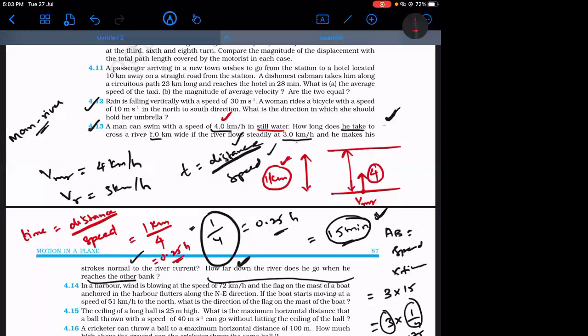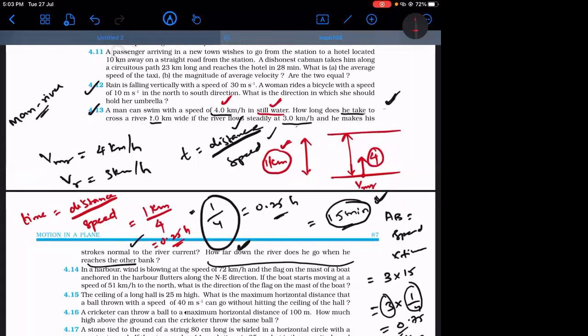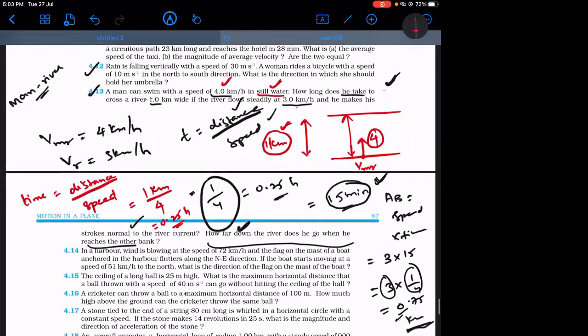Sir, but they've never said the water is still, sir. See, in still water itself means velocity of man with respect to river. He makes his strokes normal to the river current, so the speed with which he started moving is normal to the river current.